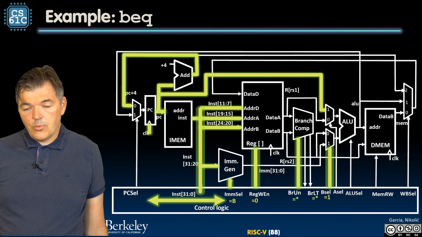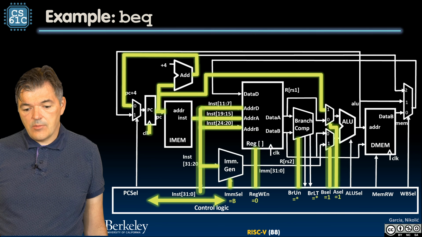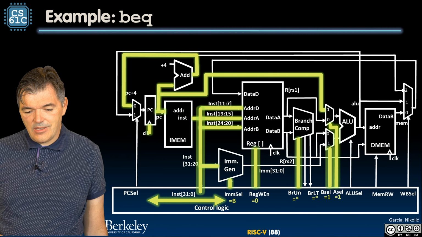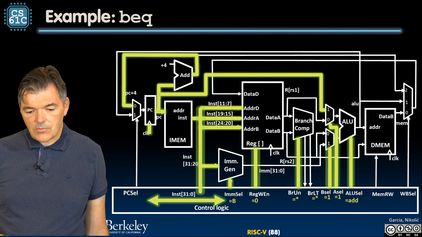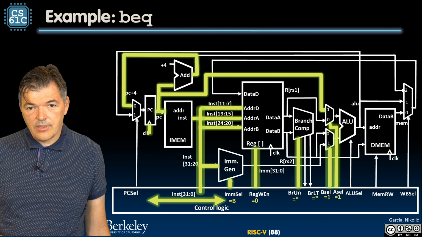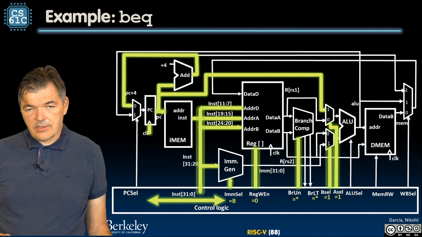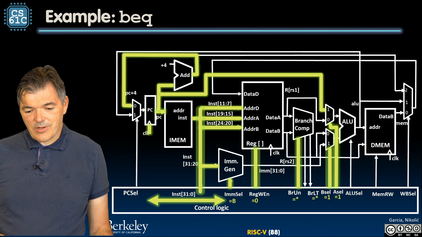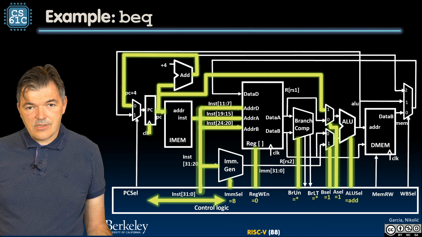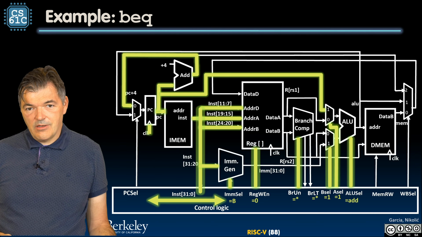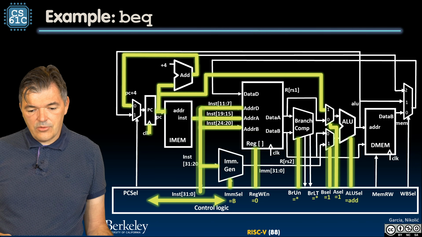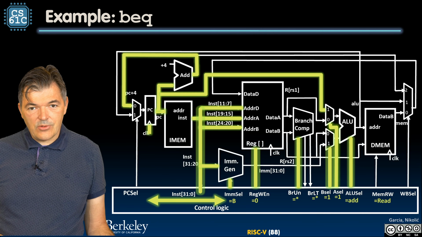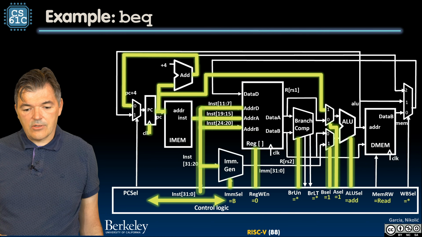B select is set to 1, which is the value of the immediate. A select is taking value of 1 to take the program counter. ALU select is set to add the two inputs, and memory is set to read because we are not writing anything to the memory, and write back select is I don't care.